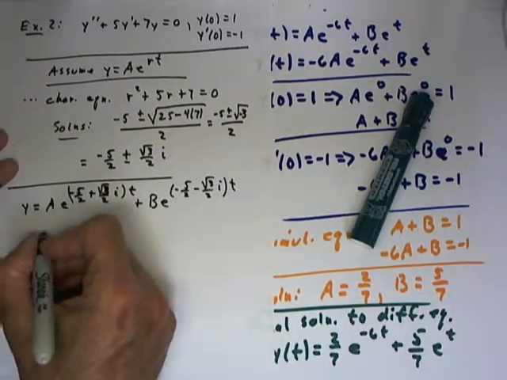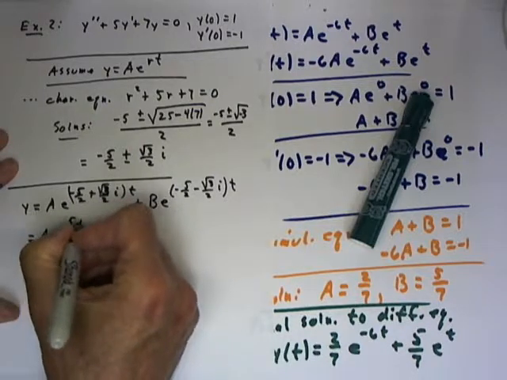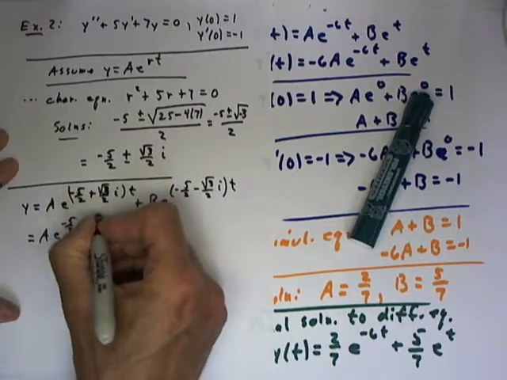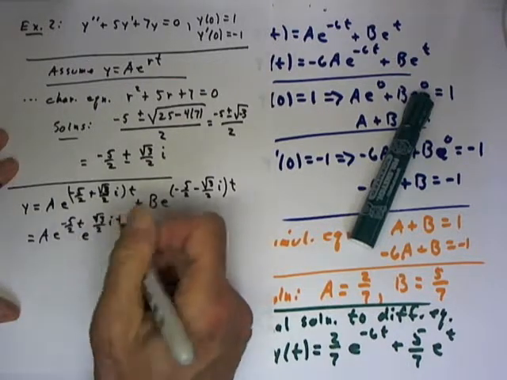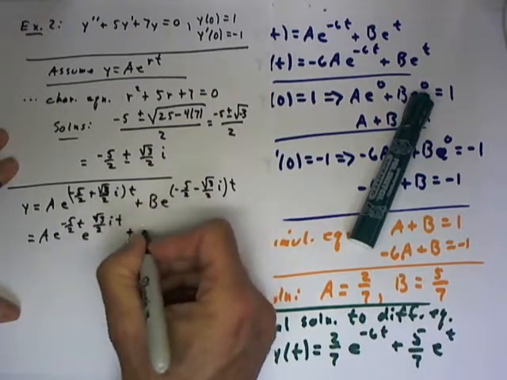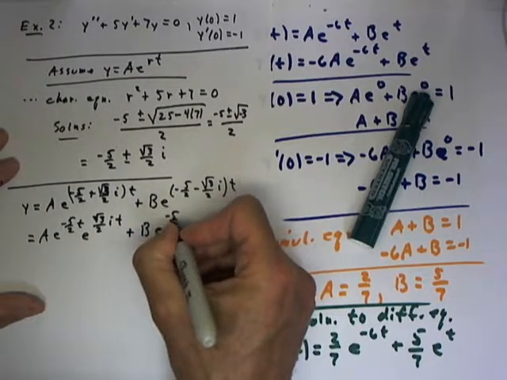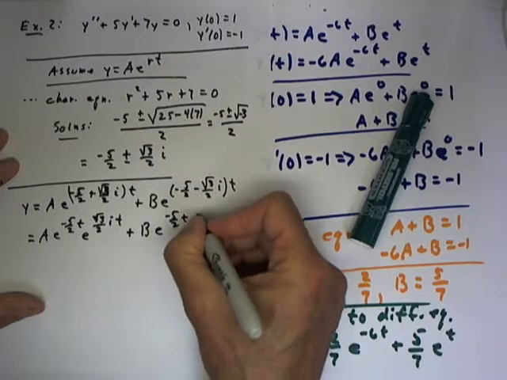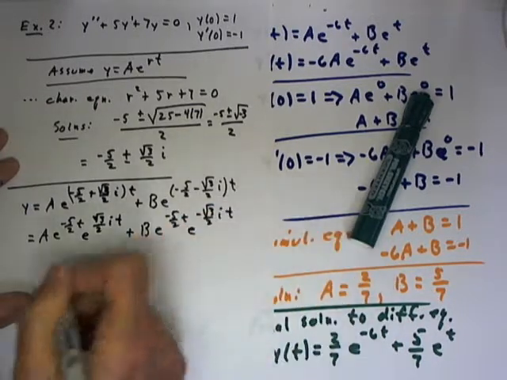Applying the laws of exponents, we have a e to the negative 5 halves t times e to the square root of 3 over 2 i t, plus b e to the negative 5 halves t times e to the negative square root of 3 over 2 i t.